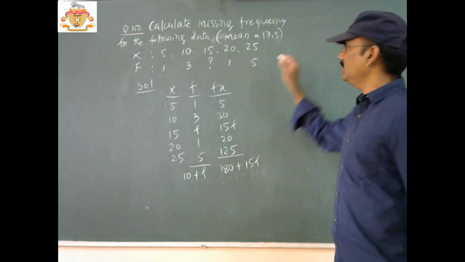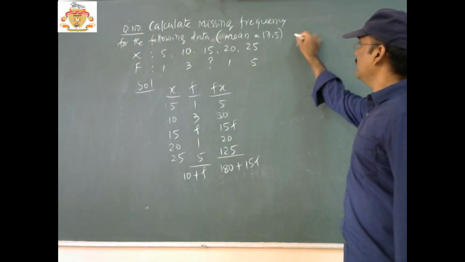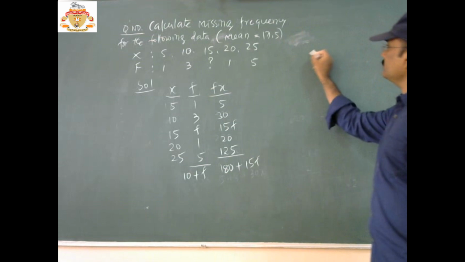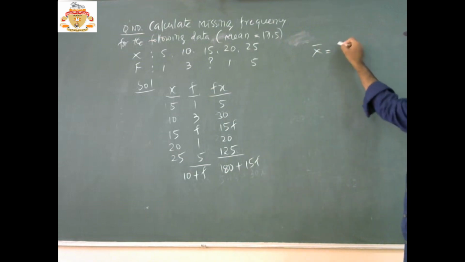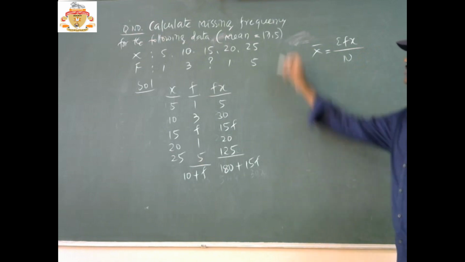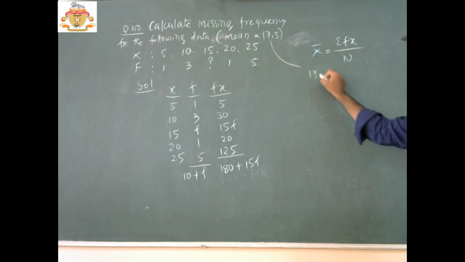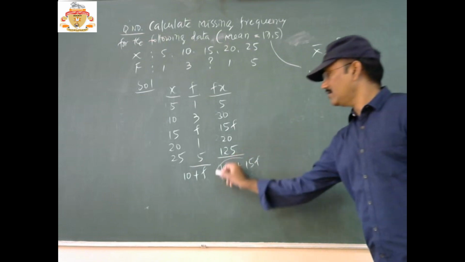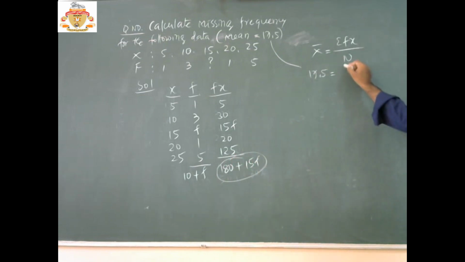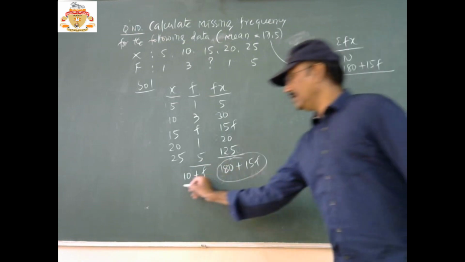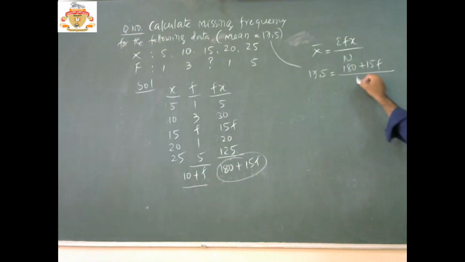Now you need to use the formula. So the formula: x bar equal to summation of fx divided by n. What is your mean? The mean given in the problem is 17.5. Then what is your summation fx? It is what we just computed, 180 plus 15f, divided by n. Here n is 10 plus f.